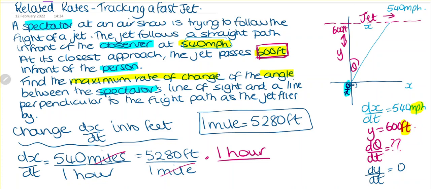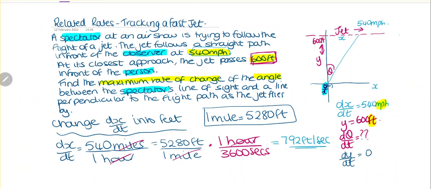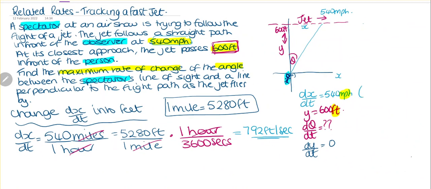So 60 times 60 is 3,600 seconds. Now our hours will cancel. Now we just need to simplify this, and we can do that in a calculator. So we have changed this to 792 feet per second.